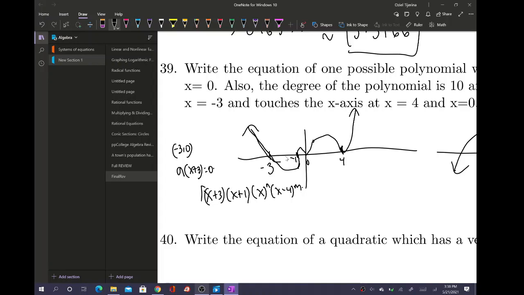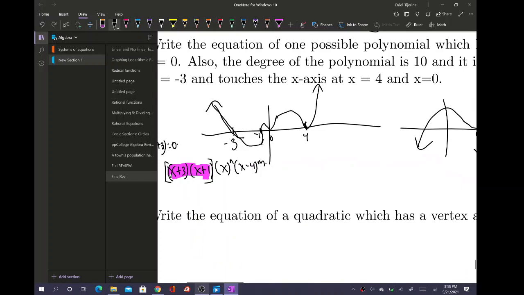So because these two give off a degree of 2, then that means that the remaining powers of these 2 factors have to both equal 10, right?